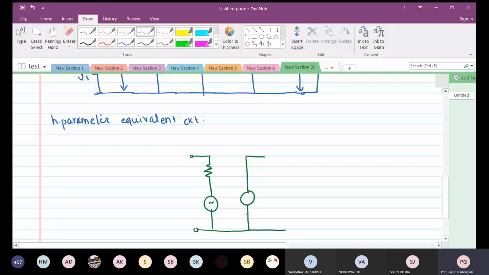Please remember, these are standard equivalents. So be careful about the current generator direction, that is the current source direction.